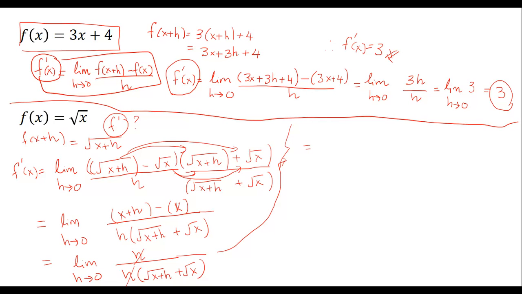Okay, what happened now is, once I have this, my limit now only becomes 1 over root of x plus h, plus root of x, and then my h goes to 0.